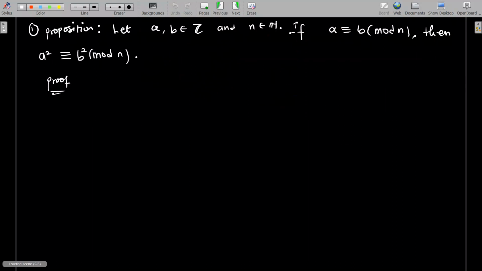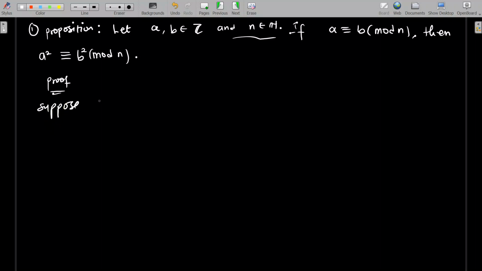Now let's look at some basic proofs that arise as a result of congruence modulo. If a and b are integers and n is a natural number, and a is congruent to b mod n, then a squared is also congruent to b squared mod n. We're going to write this as a direct proof.